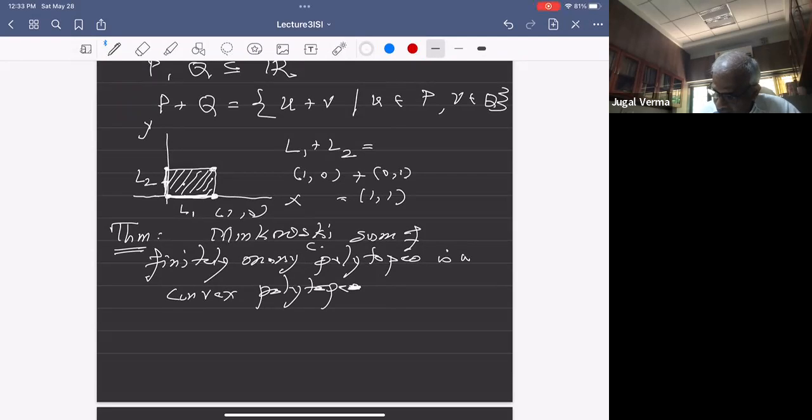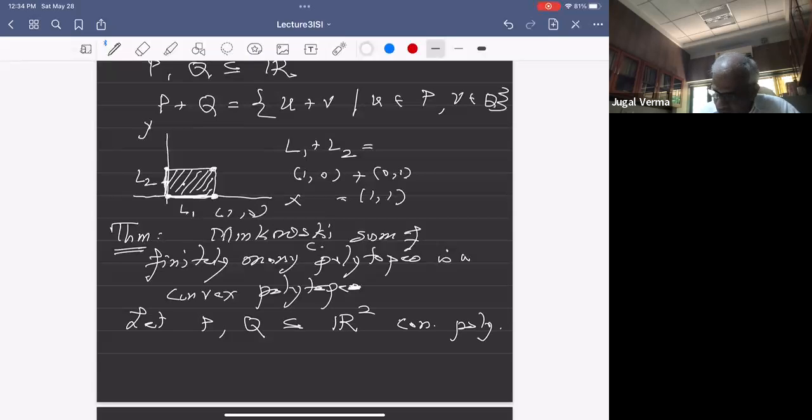So now I define, suppose P and Q are in R2. These are convex polytopes, convex polygons. Because they are in R2, they are convex polygons, or they can be line segments. So these are convex polytopes in R2.